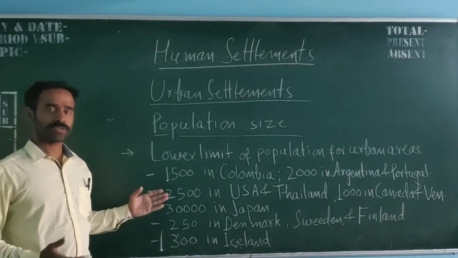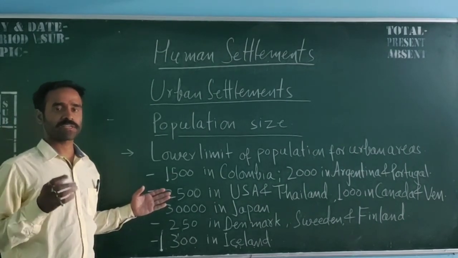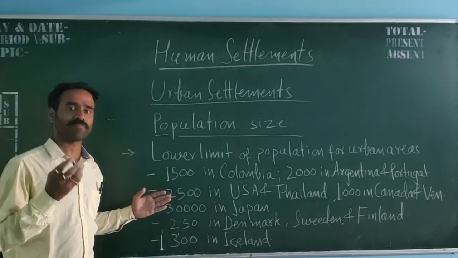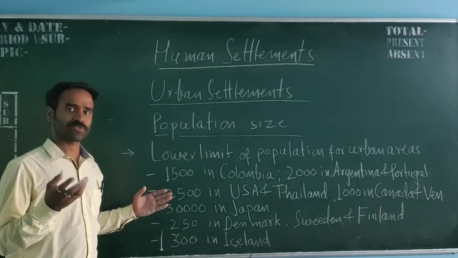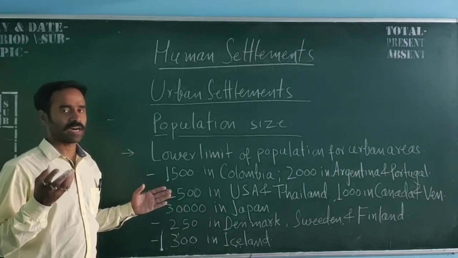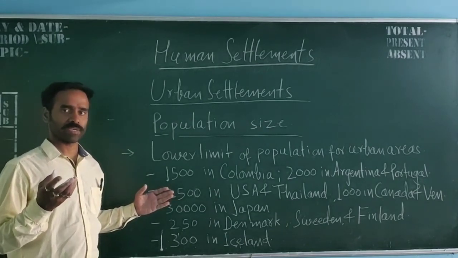In India, as I have earlier explained, all the places having 5000 population with 400 persons per square kilometer population density are considered to be urban.